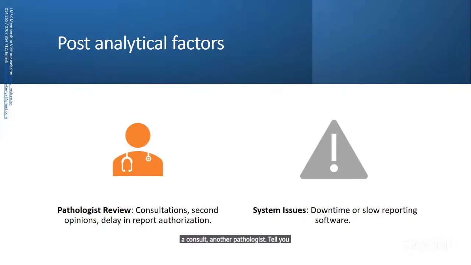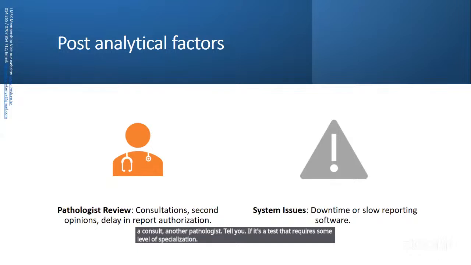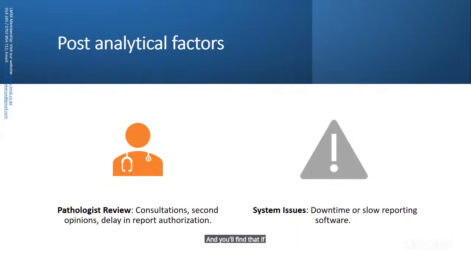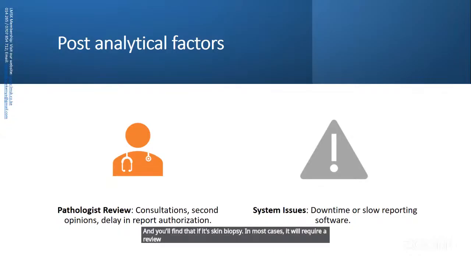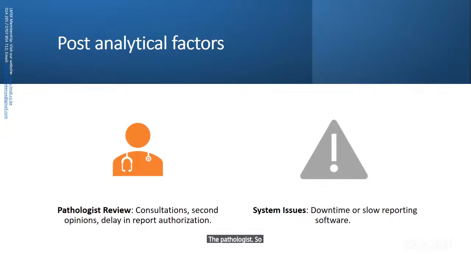If it's a case that requires some level of specialization, like a skin biopsy, in most cases it will require a review by a dermatopathologist. So you'll find that you have to look for the dermatopathologist where they are. In most institutions, they have one, or somewhere they refer.